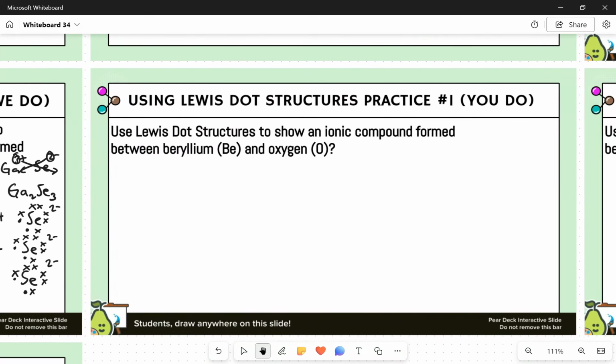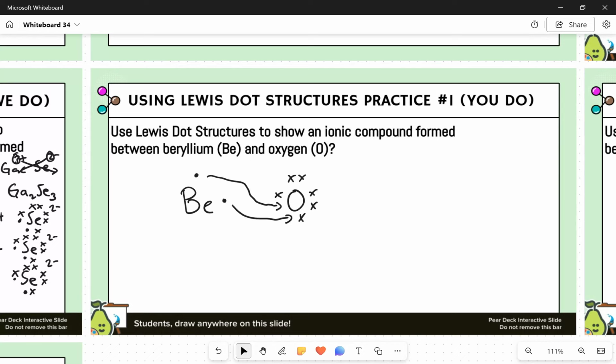Okay, now the 3 that I've got for you to do on your own. First one, we're doing beryllium and oxygen. Beryllium has 2. I can make that dot look a little bit nicer. And oxygen has 6.